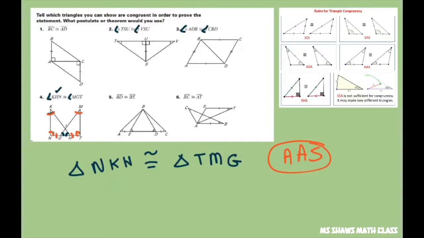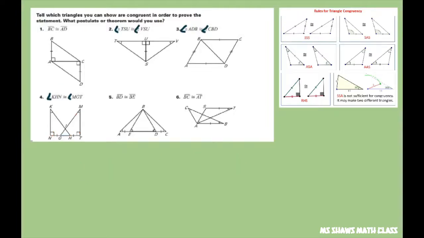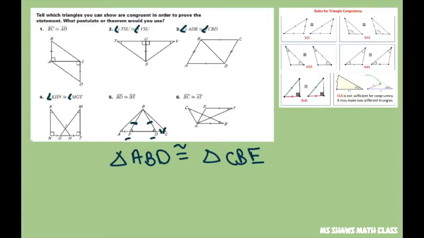Okay. Now, for number 5, BD is congruent to BE. So I'm going to say for 5, triangle BD is congruent to triangle CBE, and because these sides are congruent, and this means E and D are congruent, so that's angle, side, angle.